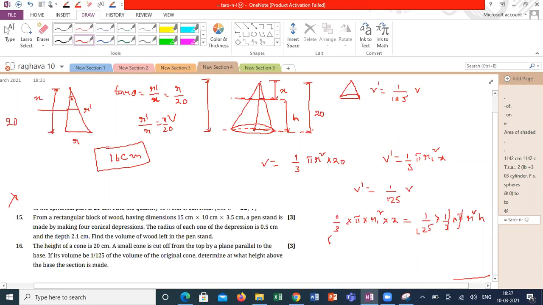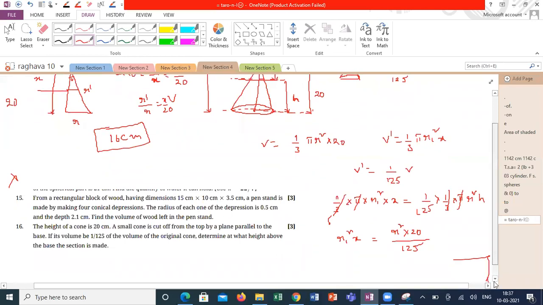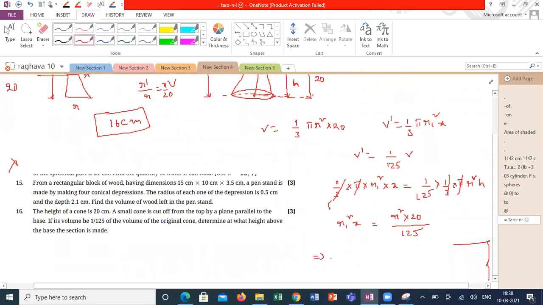So 1/3 pi is cancelled, correct? Yes, sir. So r dash square x will be equal to r square into 20 by 125, sir. Next, I proved that both the triangles are congruent, sir, and then I used the BPT theorem, sir. So r dash by r is equal to how much? x by 20. Yes, sir.